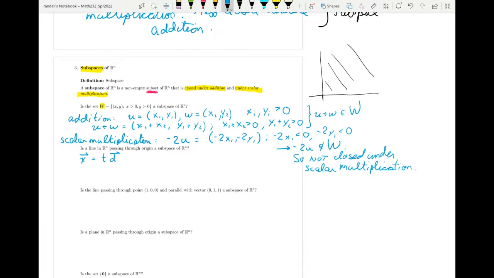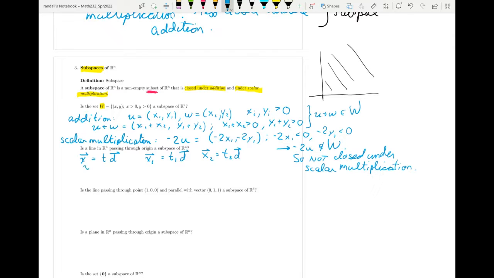Let's take two vectors: x1 to be t1 times this d, and x2 to be t2 times d. So I've selected two points, two vectors from this set. They are defined by these scalars t1 and t2.